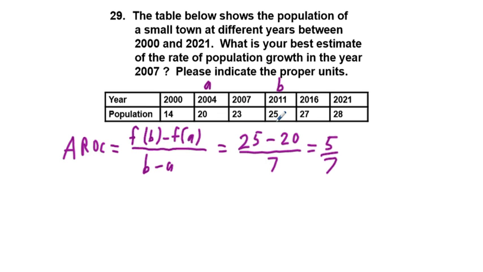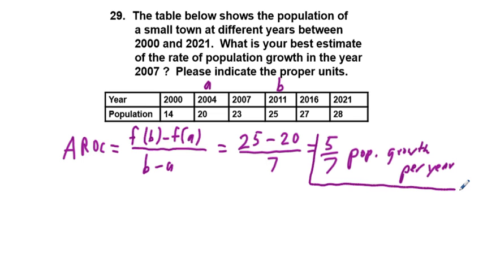And the units is going to be people, we'll say population growth per year. So 5/7 of a person per year. That's going to be that one right there.